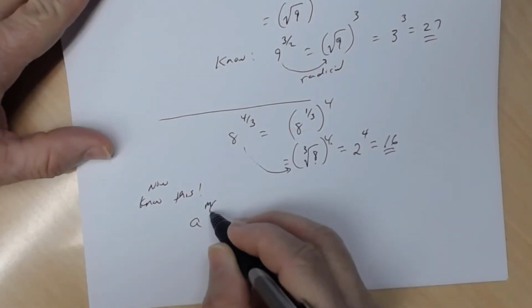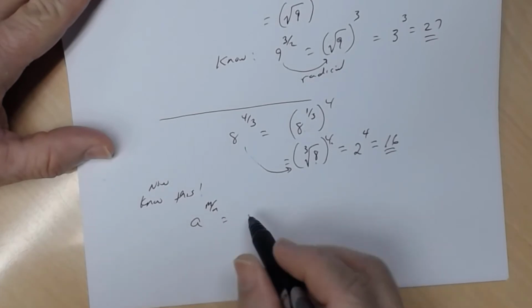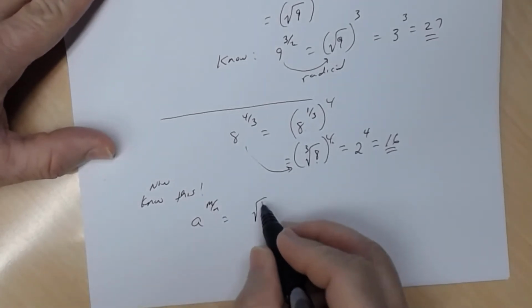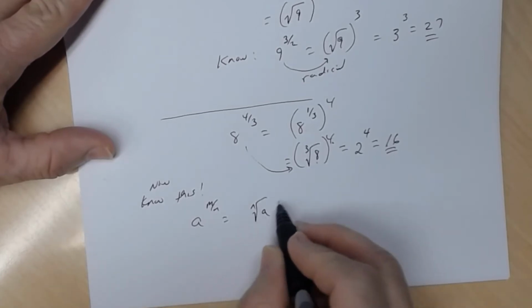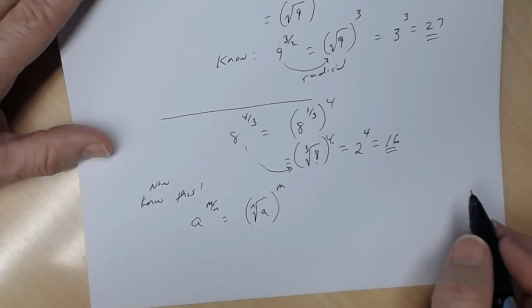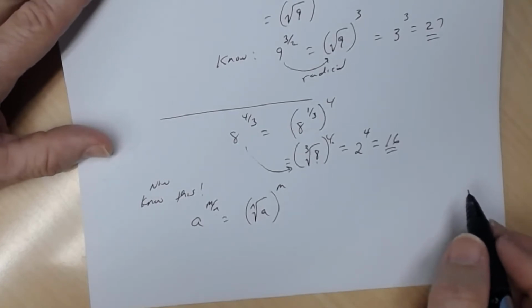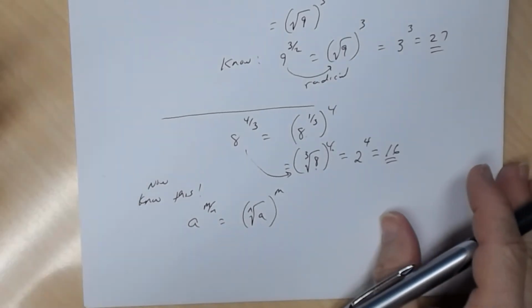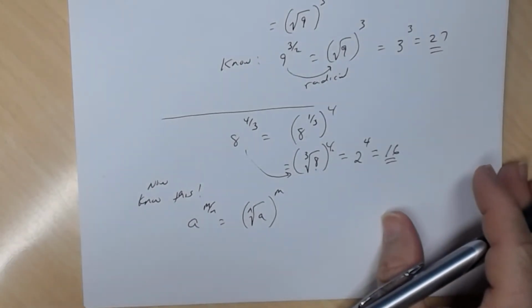A to the m divided by n will be, remember the denominator is your index, so it'll be the nth root of a, and then all that's being raised to the m power.